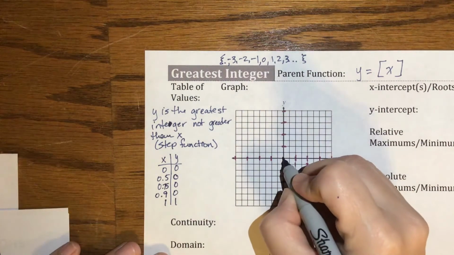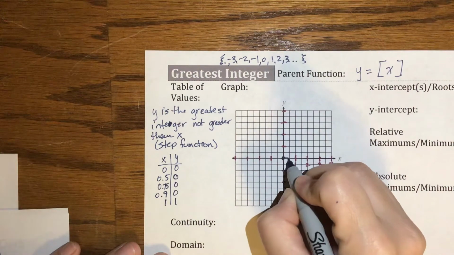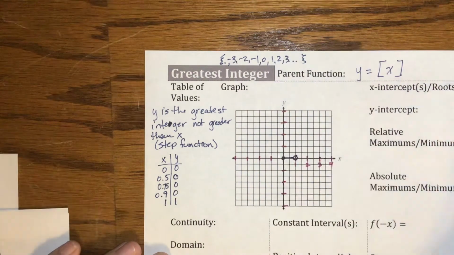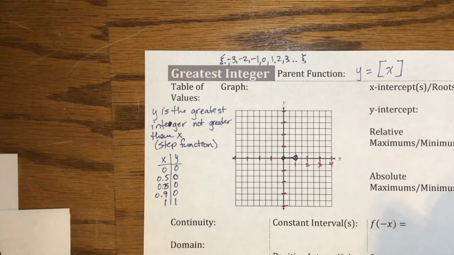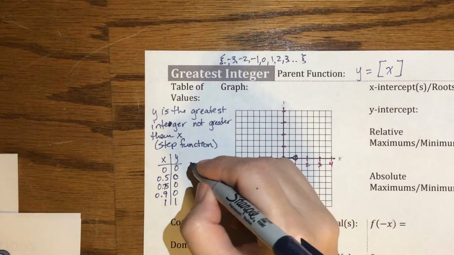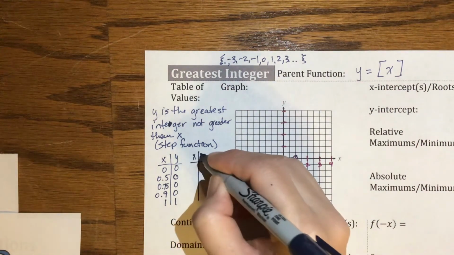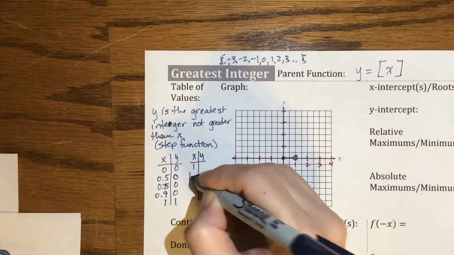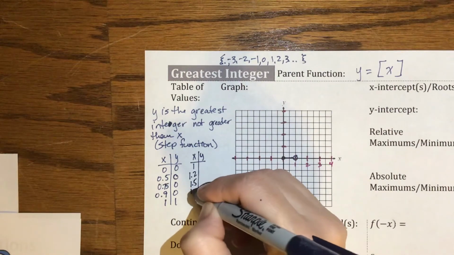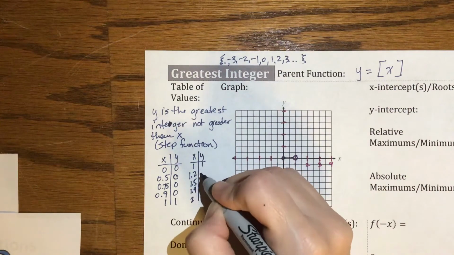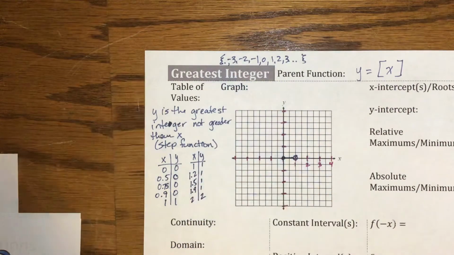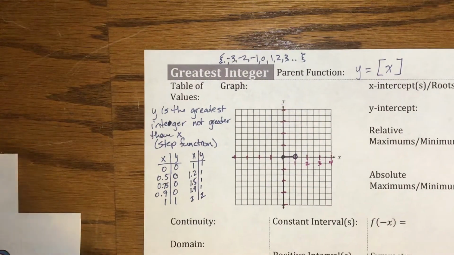So what's going to happen is from 0 to 1, but not including 1, your greatest integer is 0. From 1 to 2, it's going to be 1.